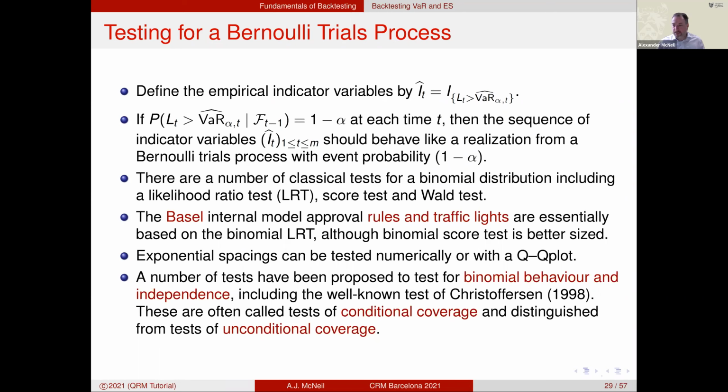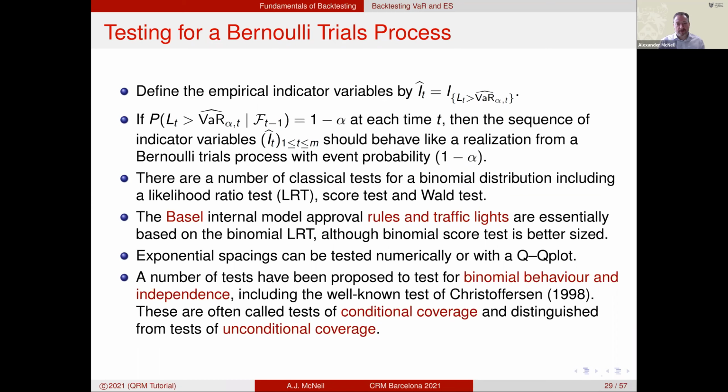And so we can test the binomial behavior, and we can also test the geometric waiting behavior. And standard backtests are particularly based on this binomial idea. So there are a number of classical tests of a binomial distribution.